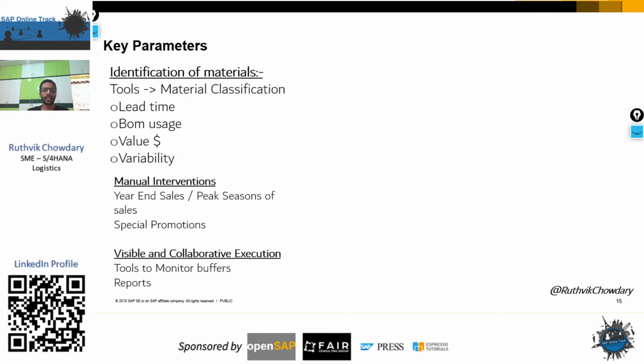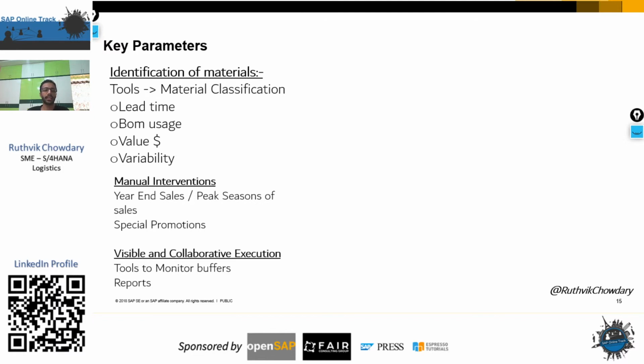So, identification of the material. There is a tool where we will be classifying the materials. The material classification will be done based on the lead time, BOM usage, the value, meaning the material price, and variability. Based on these 4 parameters, you will be classifying the material.